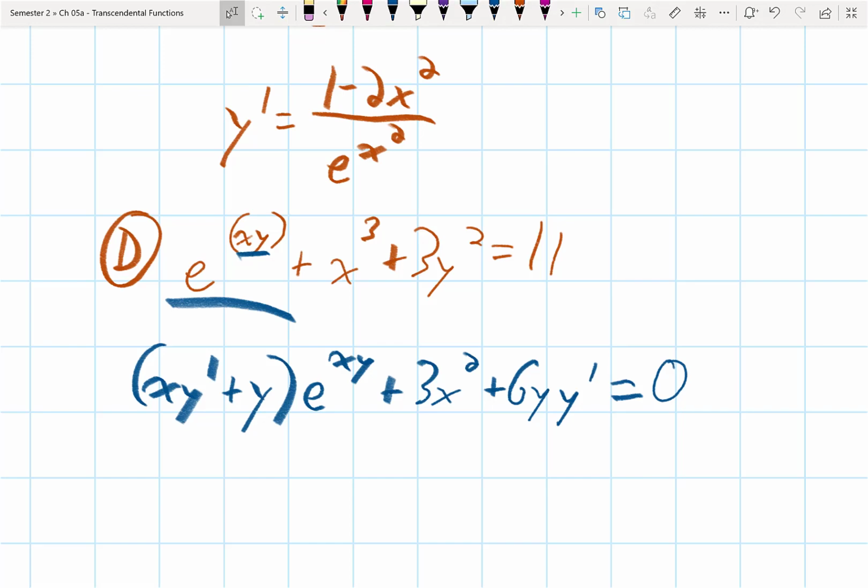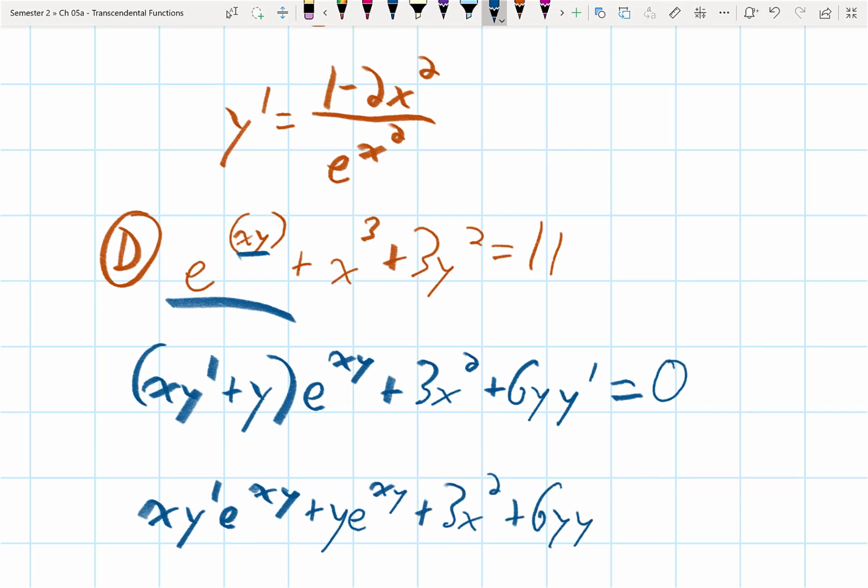Now the only thing you have to do is get the y prime by itself. We're going to do that by distributing: x y prime e to the xy plus y e to the xy plus 3x squared plus 6y y prime equals 0.